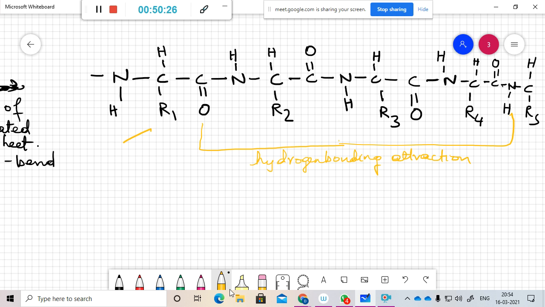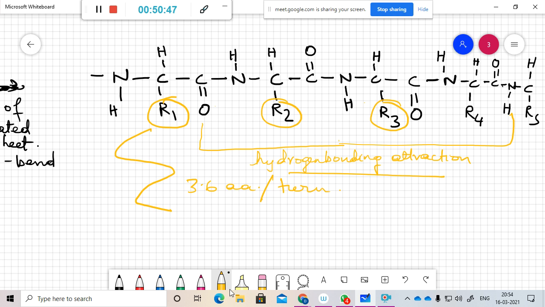This results in 3.6 turn. You see, approximately 3.6 amino acids go per turn because of this hydrogen bonding, and this is determined by the nature of this R group.